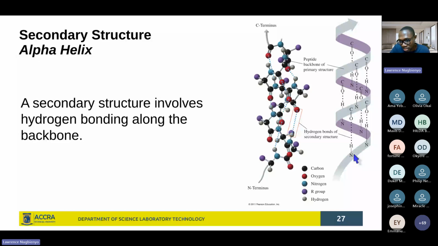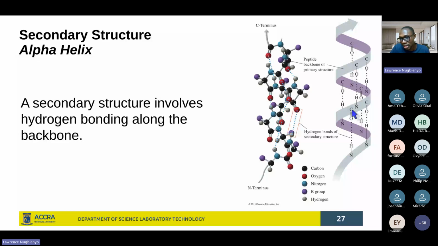Now, this is what you see being depicted here, that you have it like a ribbon. And in that ribbon, you see the hydrogen bonds being shown, that there is a hydrogen on the amine group of one amino acid, and that hydrogen is forming, you see these dotted lines which refer to the hydrogen bond with the oxygen of the C double bond O, that is the carboxylic acid group of the 4th amino acid there.